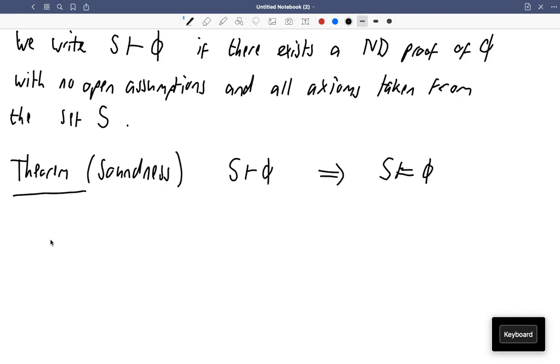If we can prove something, then it is indeed a logical consequence. We can't do any incorrect reasoning.